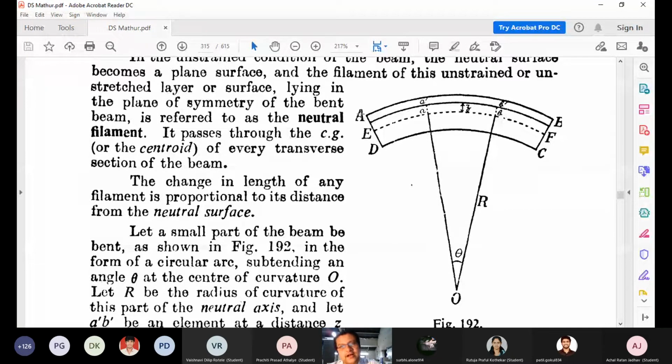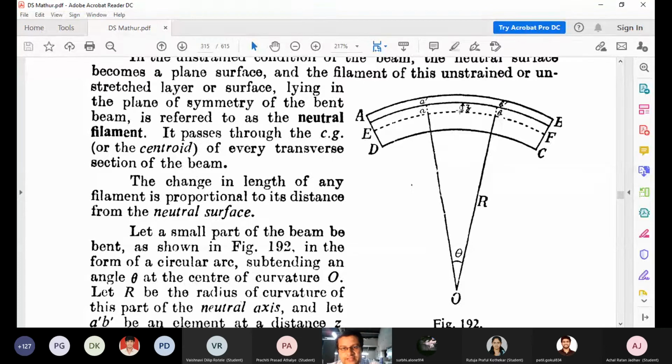So you understand this figure ABCD, EF, and this dashed portion represents the neutral filament layer.